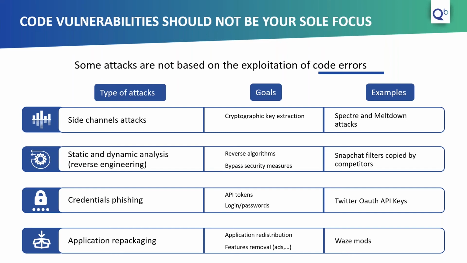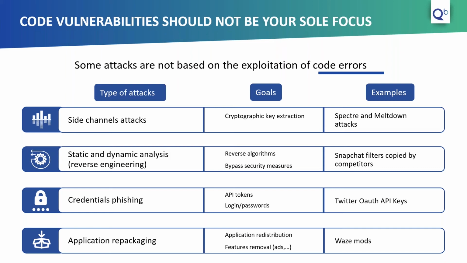One type of attack that, in all modesty, we can say Quarkslab is good at is static and dynamic analysis with reverse engineering, which can achieve a lot of great results. One of the last examples is snapshot filters copied by competitors.